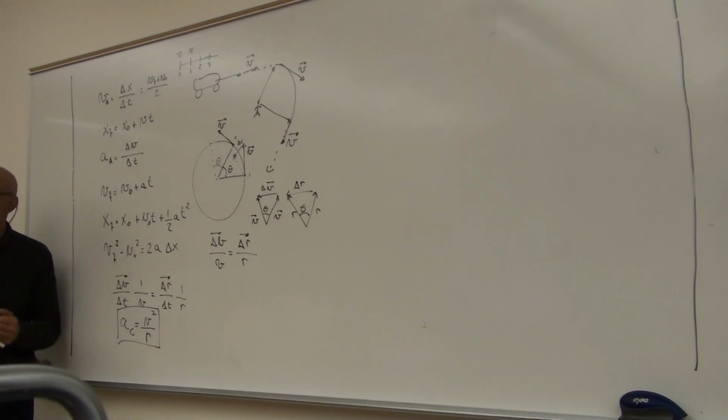And if I want to calculate the centripetal force now, can you tell me what the centripetal force is going to look like? What is the force? You have the acceleration.